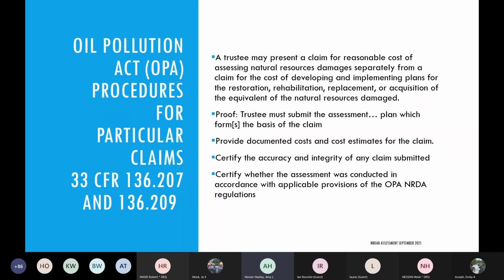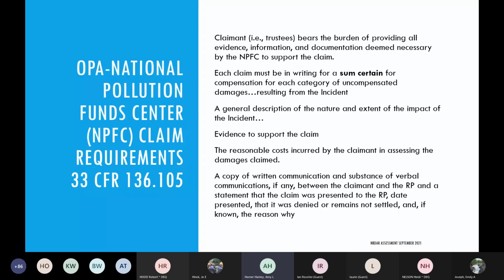And so that's one of the important distinctions that I wanted folks to highlight here today, that there is this distinction in process between CERCLA and OPA. In the CERCLA practice, we have this assessment plan, but it comes early in the process, and it's really meant to be a roadmap for the trustees and for the public about, hey, this is how we think we're going to run this assessment.